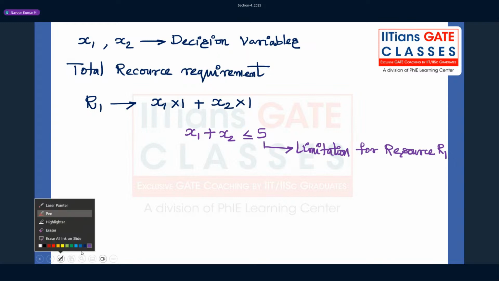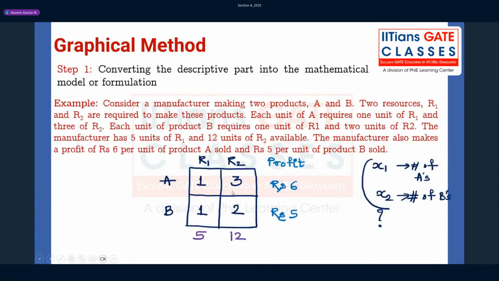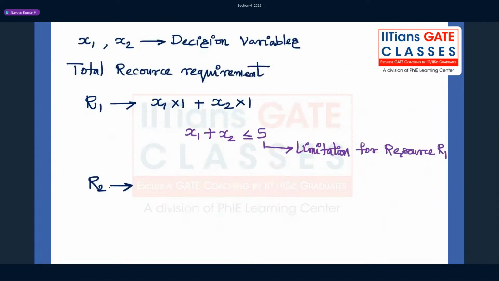In the same way, similarly, you can find out for R2. For R2, what is that? X1 into 3 plus X2 into 2, isn't it? So X1 into 3 plus X2 into 2. And what is the cap that we have?